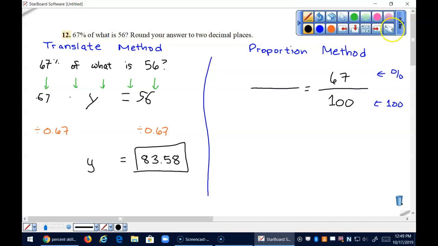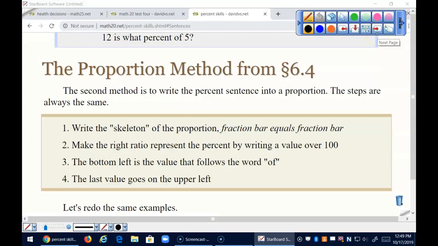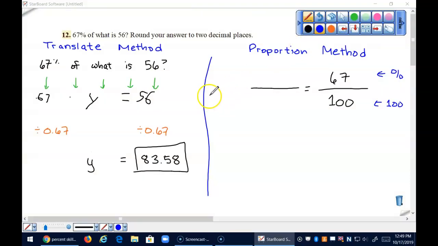On the other side, there's going to be some number that follows the word of, just because you can't have an English phrase ending with of. Doesn't work. So whatever comes after of goes on the bottom. So in this case, of what?